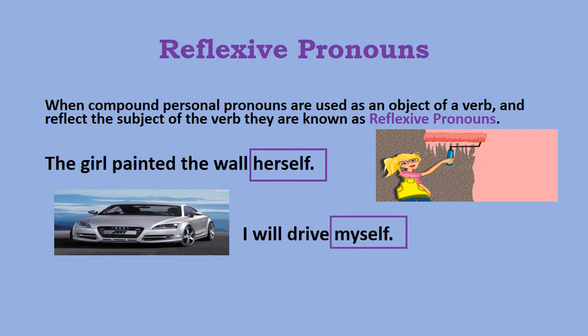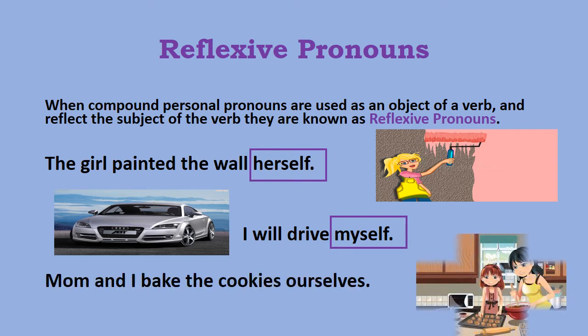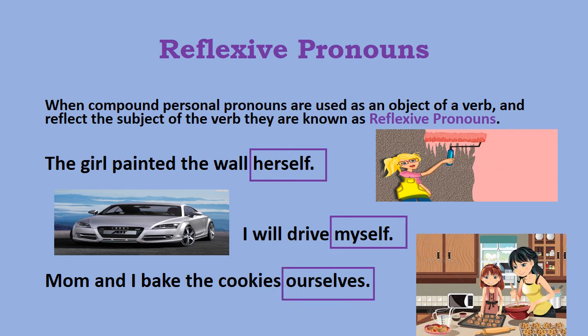Here, myself is a reflexive pronoun used as an object to the verb also. Mom and I bake the cookies ourselves. Ourselves is a reflexive pronoun showing that I and my mom bake cookies. Here ourselves is again used as an object.